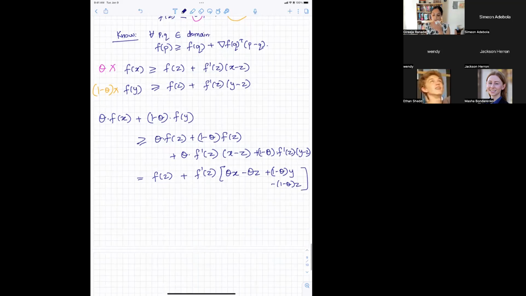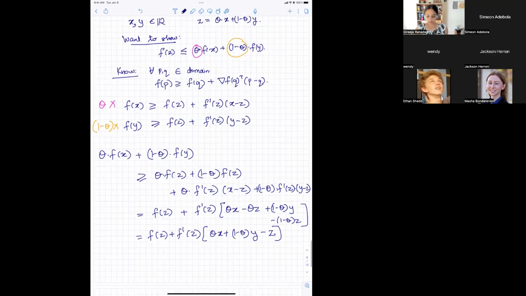Okay? Which is equal to f of z plus f prime of z times, these two just add up to 1, theta x plus 1 minus theta times y minus z.